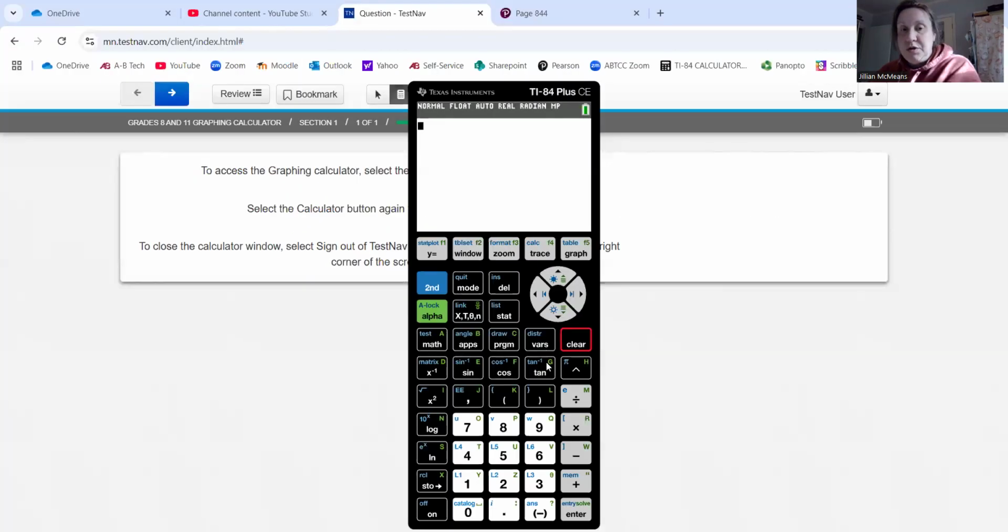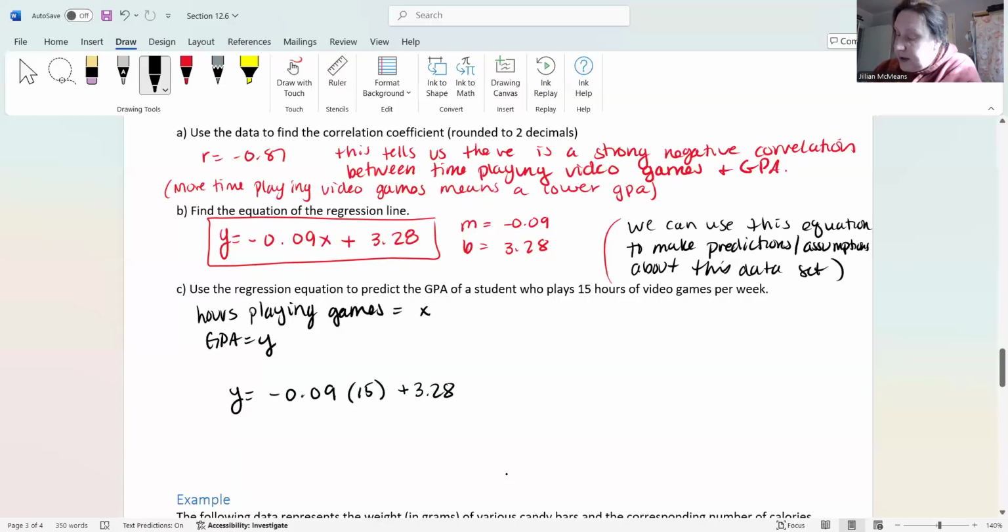All right. So we had negative 0.09 times 15 plus 3.28, and we get 1.93, okay? So we get that y equals 1.93.